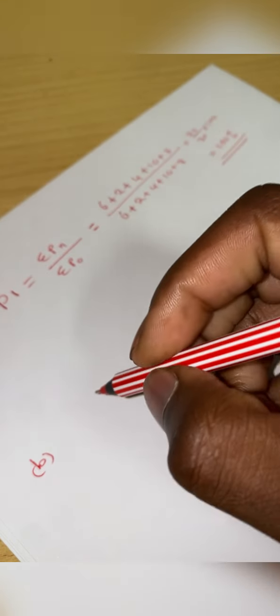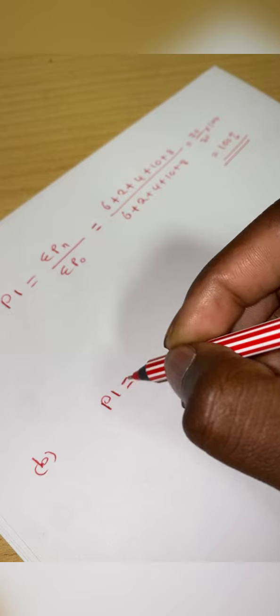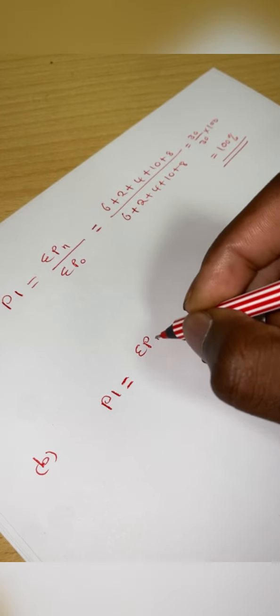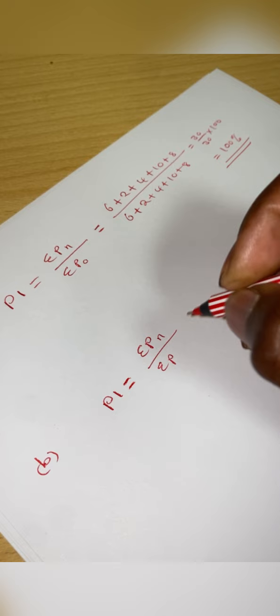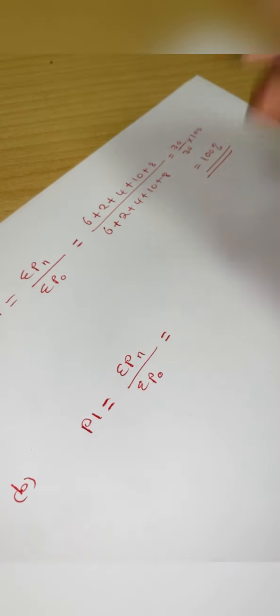Then for B, they are saying calculate the unweighted price index for period 2000. So finding the unweighted price index for period 2000, we are using the same formula for price index, which is summation of Pn over summation of P0. For Pn, it's about the year that you have been told to calculate.